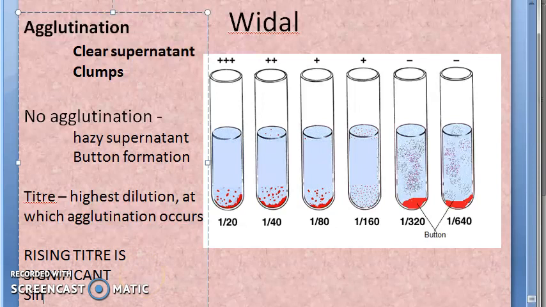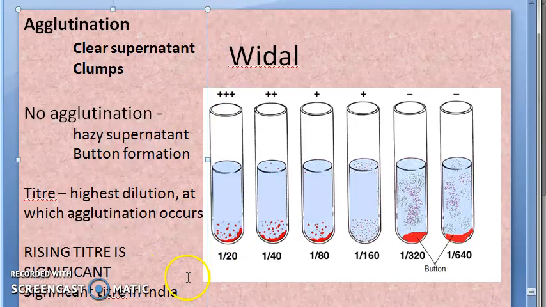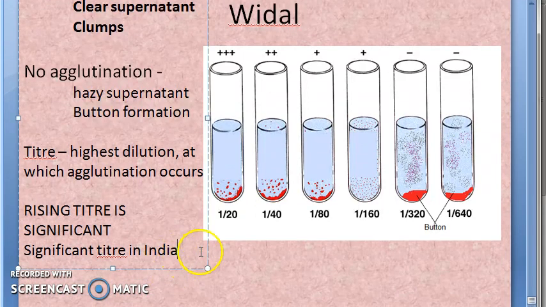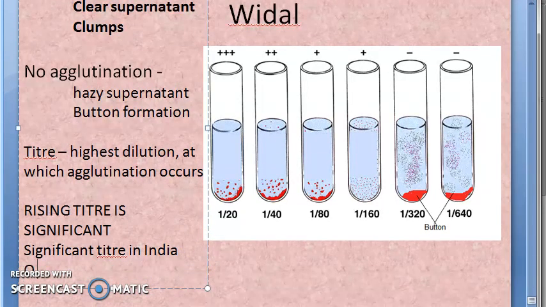If you want a significant titer in India, it will be something like O more than 1/100 and H greater than 200.